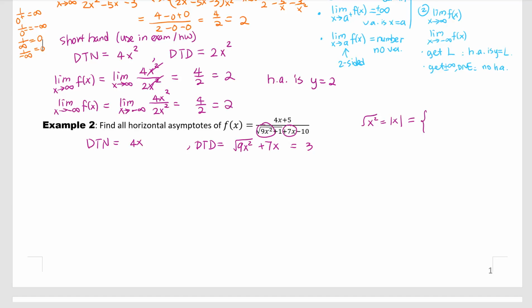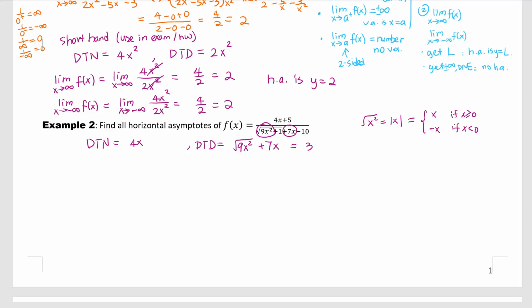Well, absolute value of x depending on whether x is positive or negative, it's going to be different things. First of all, absolute value of x is always positive, right? So if x is positive, then absolute value of x is just x because x is positive, right? But if x is negative, well, if x is negative, minus x will be positive. So absolute value of x is minus x.